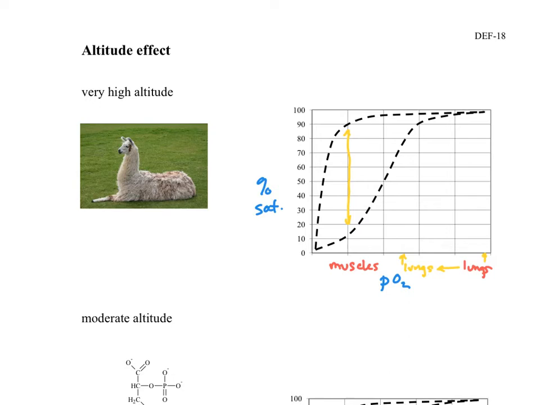Let me ask you, just take a thought here, pause for a moment, and what would you do if you wanted to redesign hemoglobin in some fashion such that it was going to operate better for the llama in the Andes Mountains?